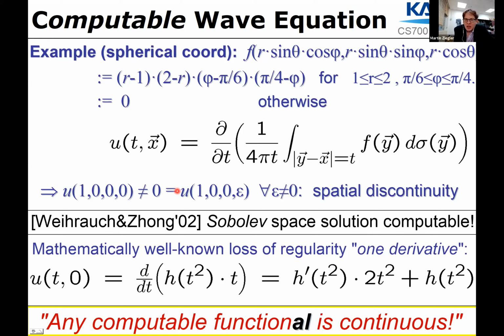In this setting, the wave equation is well behaved. There's a continuous dependence of the solution on the initial conditions, so the problem then becomes well posed, and Weihrauch and Zhong have proved that in this sense and setting, actually the solution is computable, not as a uniform approximation of the value, but as an approximation in the Sobolev norm.